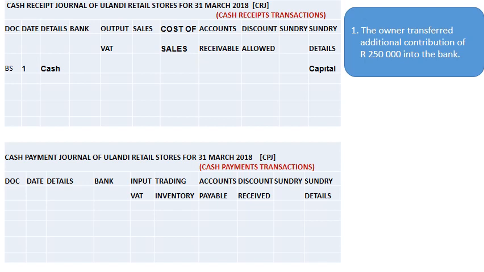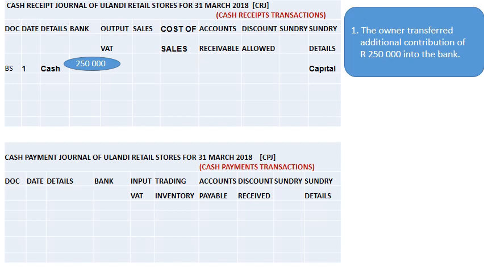Why a bank statement? Because it's a direct deposit. It was deposited on the first. Under details, we write cash because it was cash deposit. In the bank column, we reflect the total amount of cash that was deposited, which is 250,000. Now, this transaction involves a deposit. It's not cash received from sales of any good.